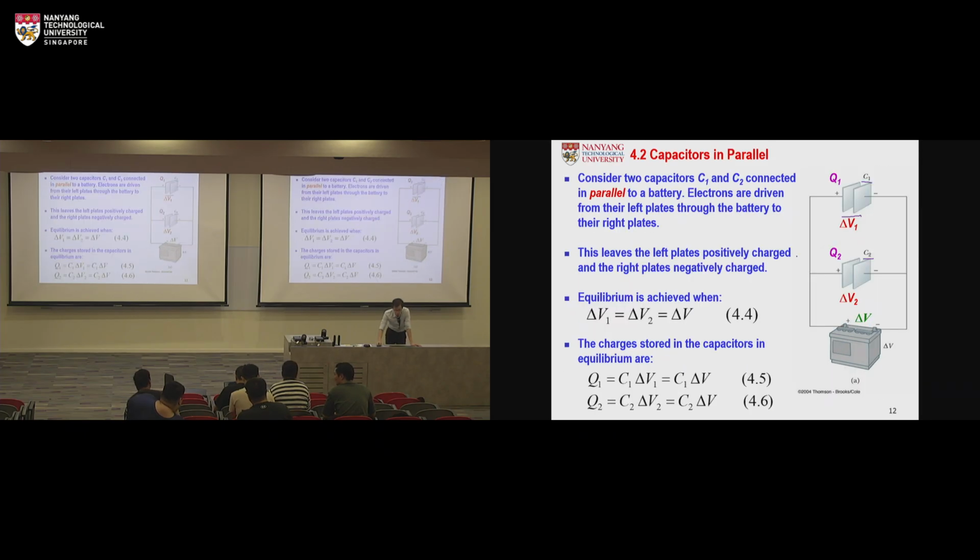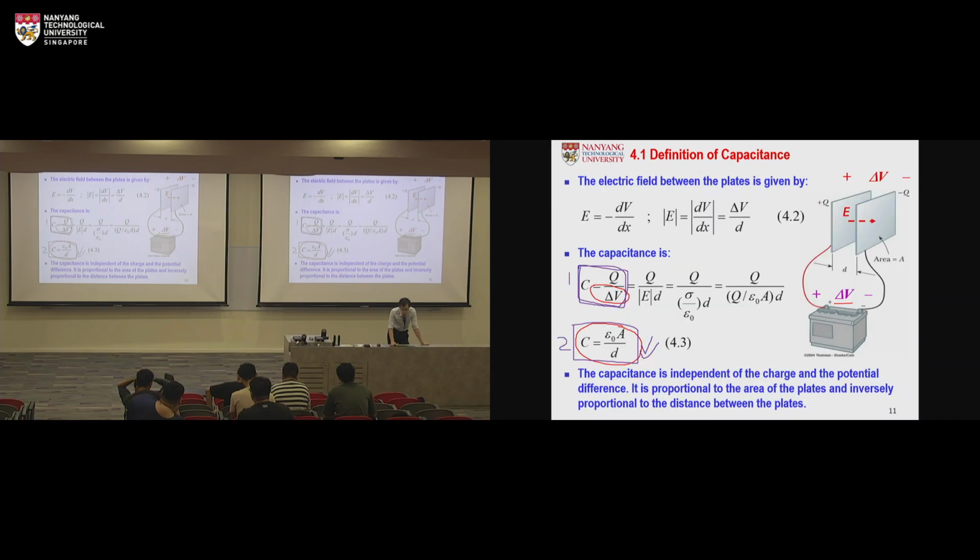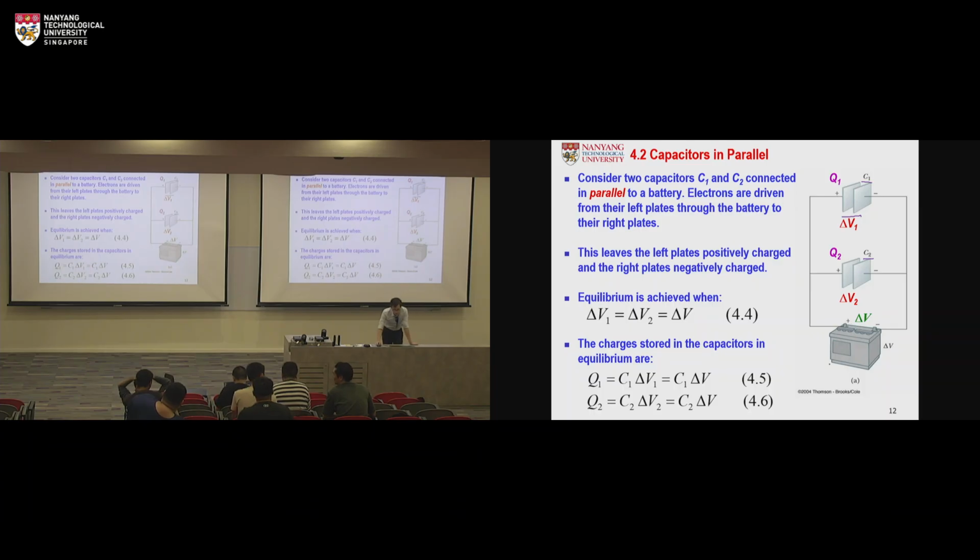Let's say, again here I will do it for this next scenario, capacitors connected in series. Later you can do the parallel one by yourself. Again, let's say here we label this as V1, V2.